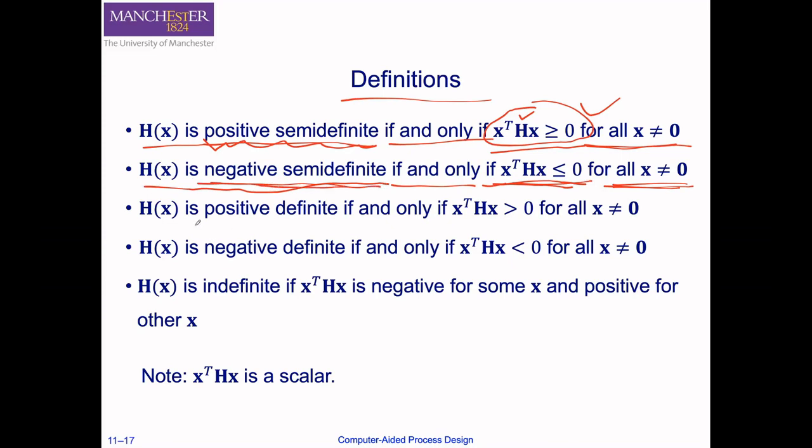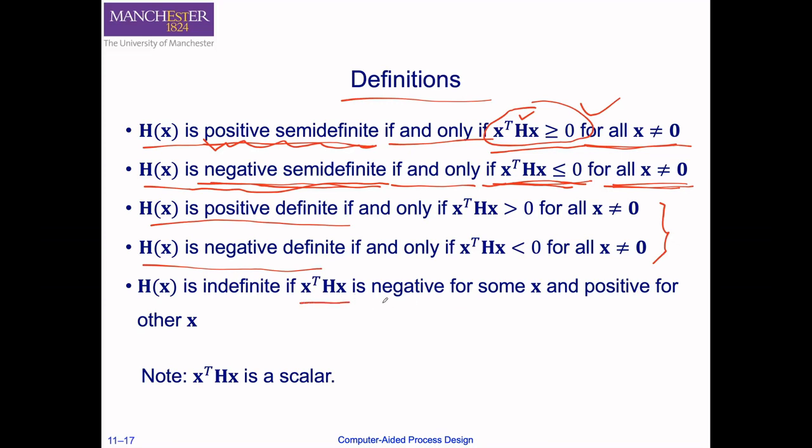Similarly, we can also use these two conditions to determine if a Hessian matrix is positive definite or if this Hessian matrix is negative definite.